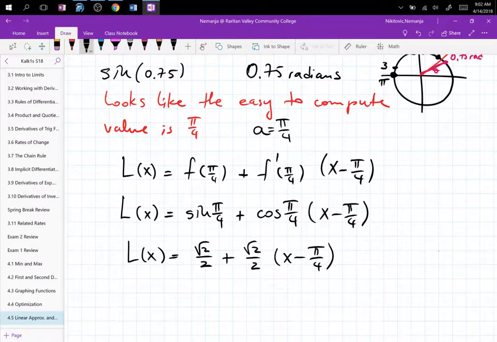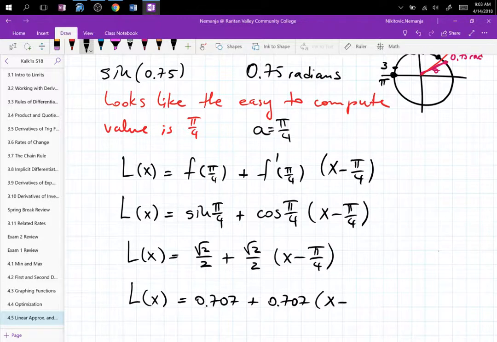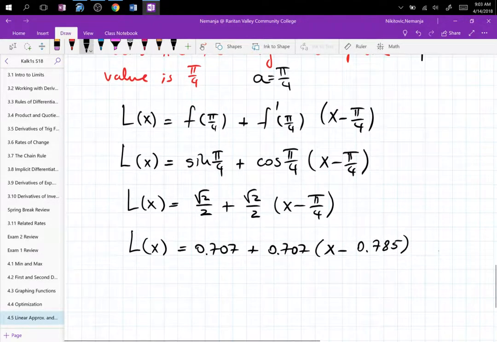So let me just get you some of these decimals. We are looking at 0.707 plus 0.707 times x minus, and pi divided by 4 is 0.785, since we are going 3 decimals everywhere.